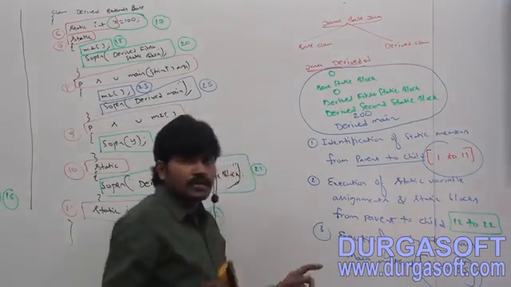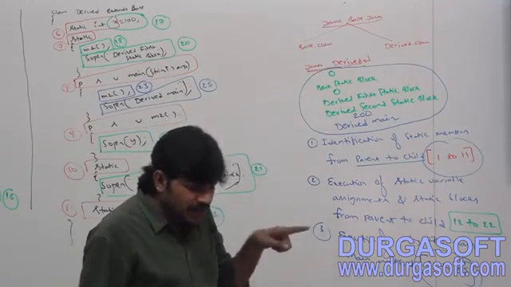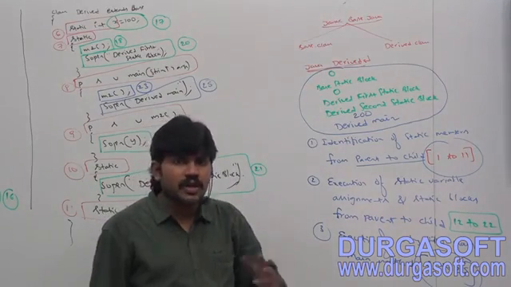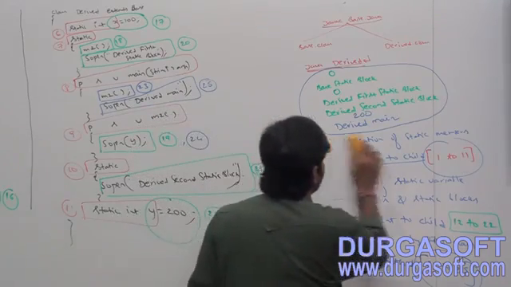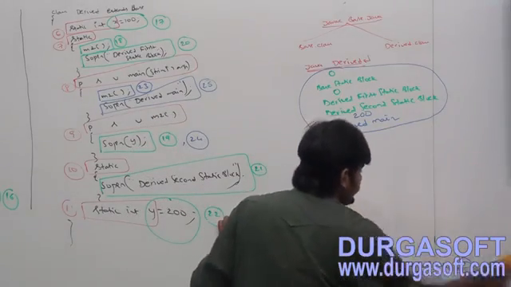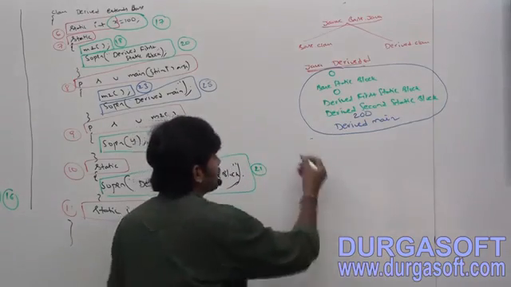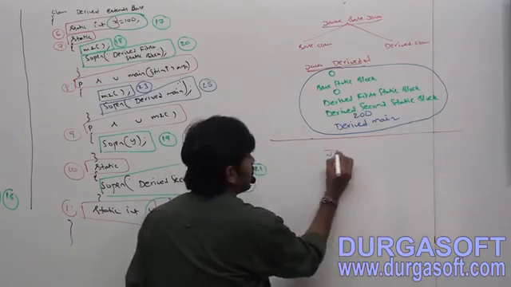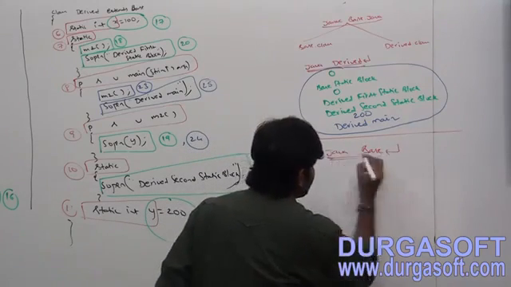Sir, whenever we are executing the child class, will the parent class be loaded or not? Yes, because parent class members are by default available to the child. Now observe, same program, I want to execute the parent class. Java base, I want to execute base.